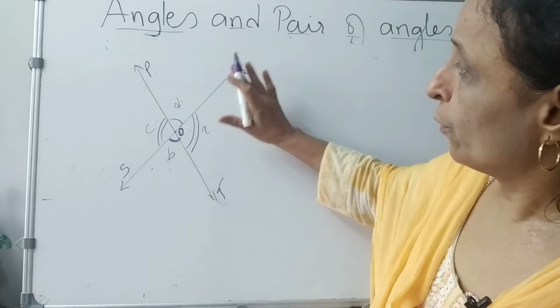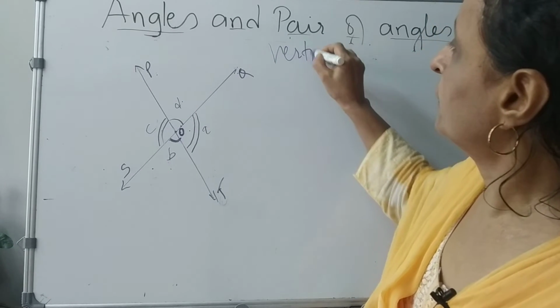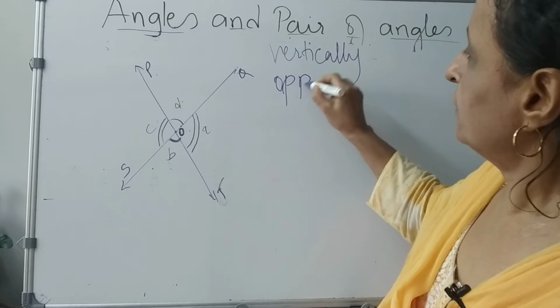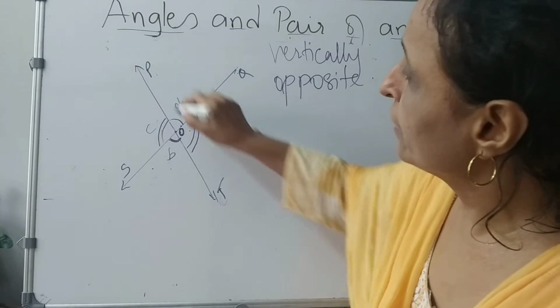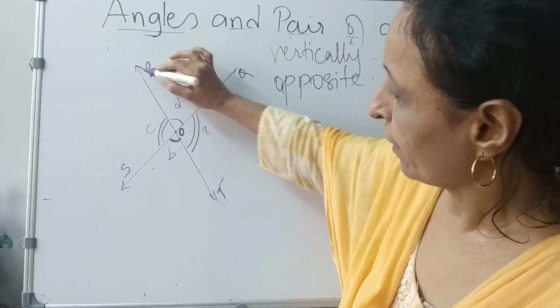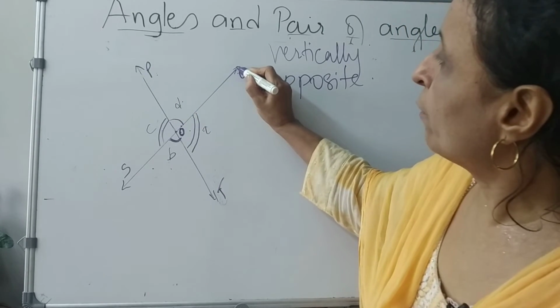So you should know that these are vertically opposite angles. How are they formed? By the intersection of lines, the lines which are formed by the opposite rays. So these two are opposite rays, these two are opposite rays.